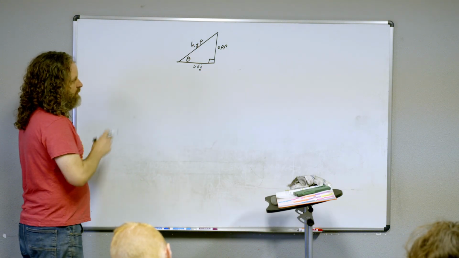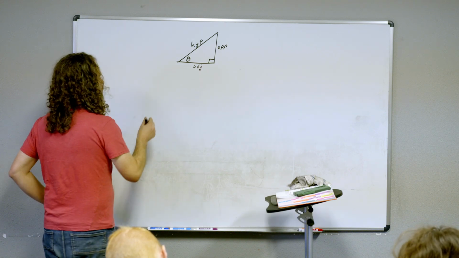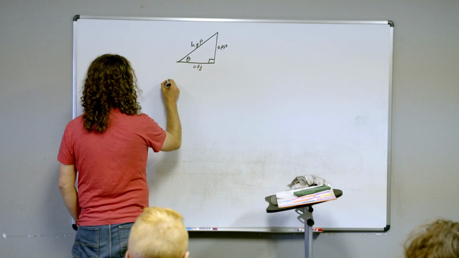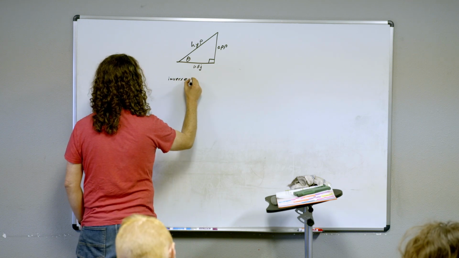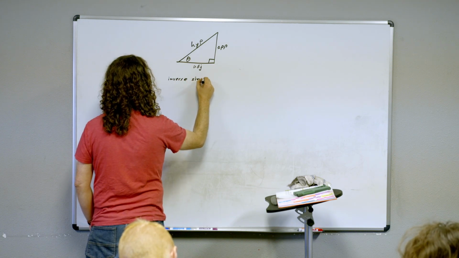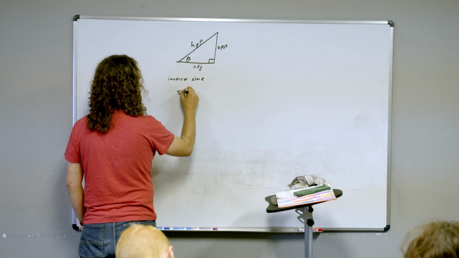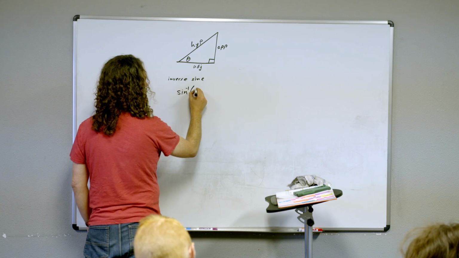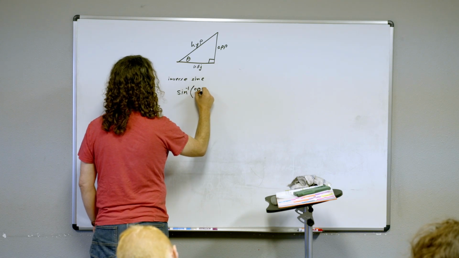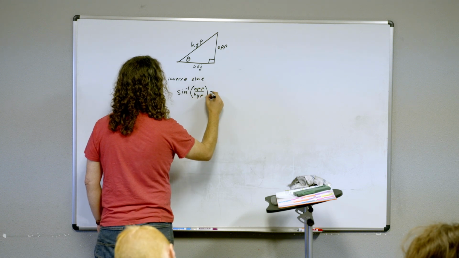Okay, so the sine of theta is the opposite over the hypotenuse, right? The inverse sine, which we write as sine -1 of the opposite over the hypotenuse, is the angle.